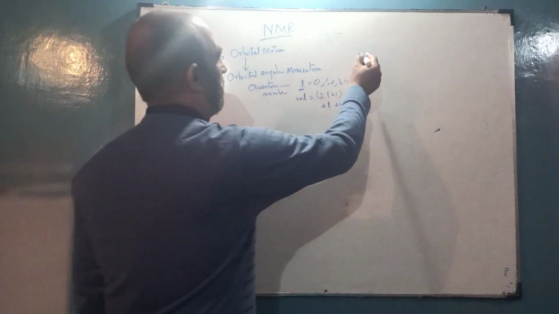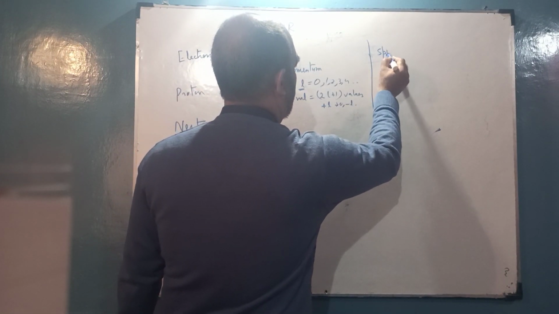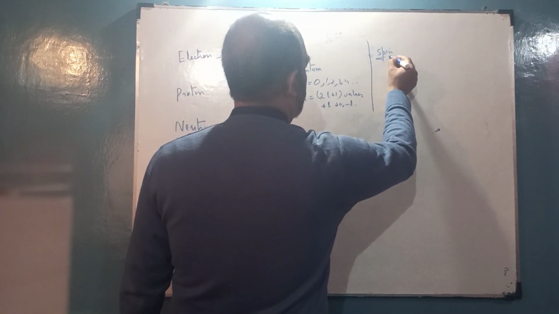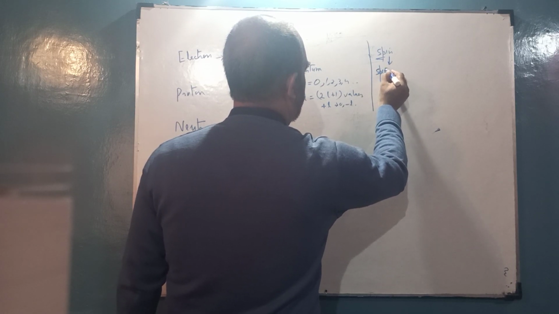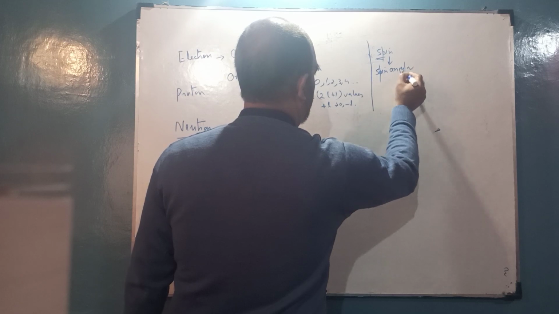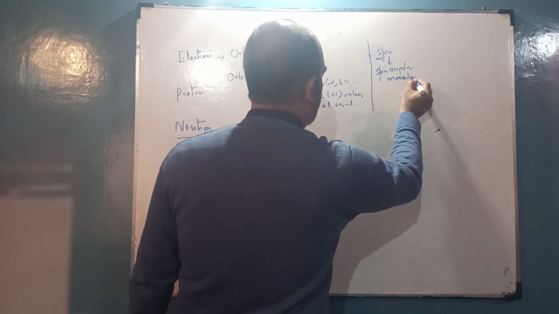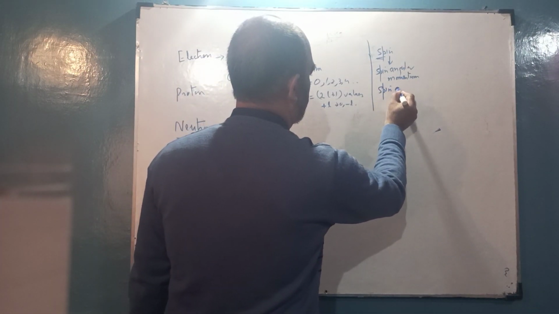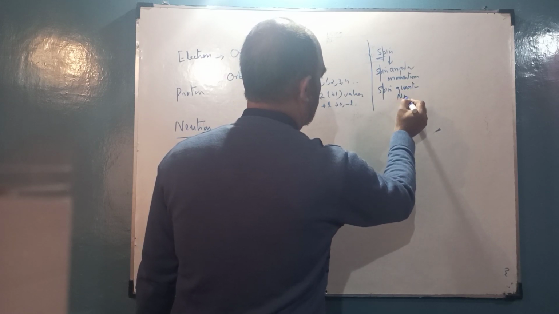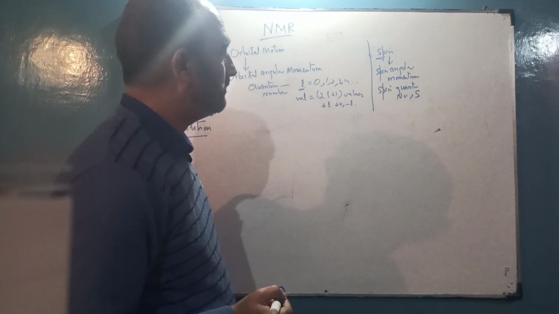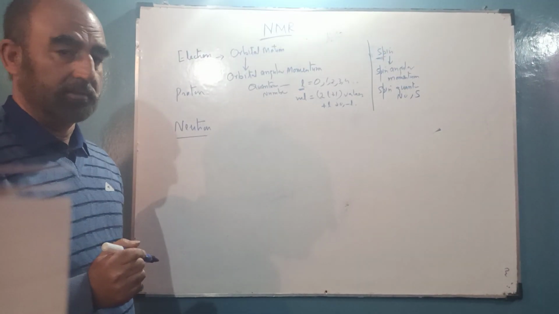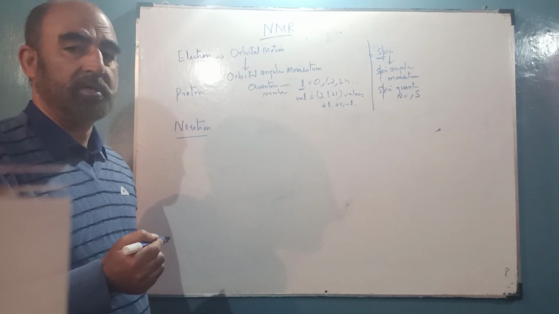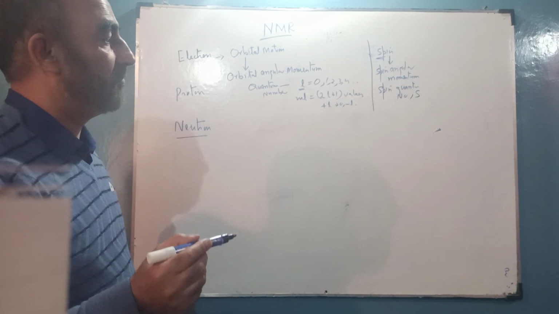And then the electron can also have spin. And by virtue of spin, it can again have angular momentum, and that angular momentum we write as spin angular momentum. It is given by a quantum number, the spin quantum number S. These electrons, protons, neutrons, since they are fermions, their spin is only half unit.